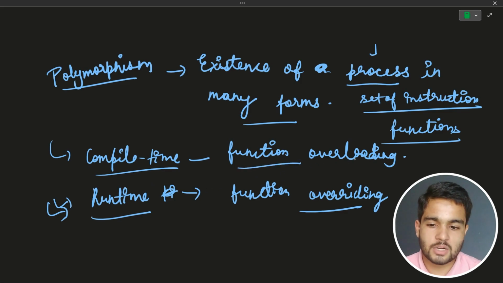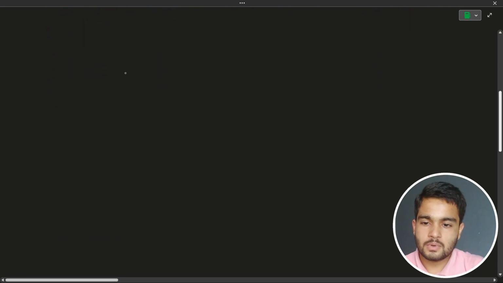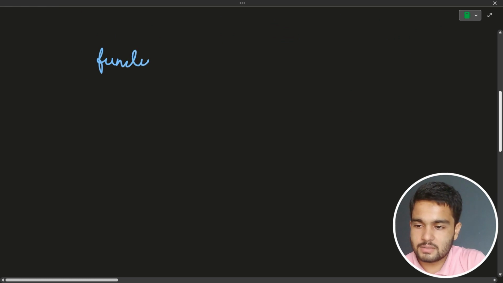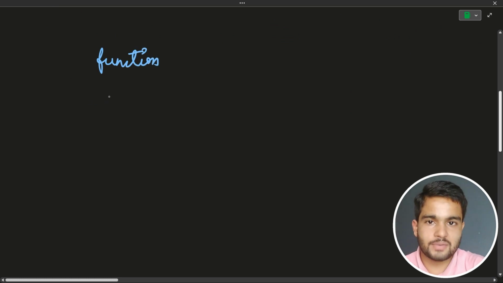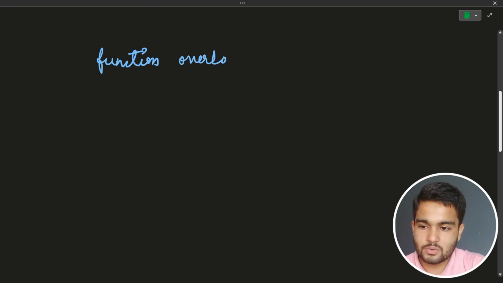Now let's see what is function overloading. Function overloading means whatever I have told you in the last four to five minutes, so let's create a proper example for function overloading.